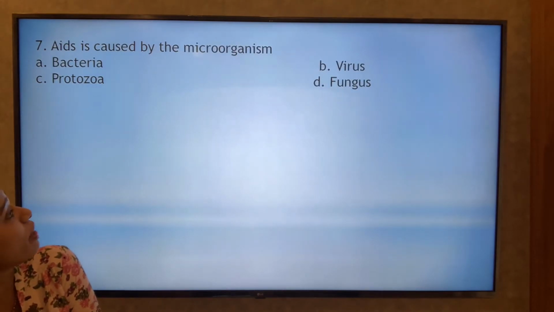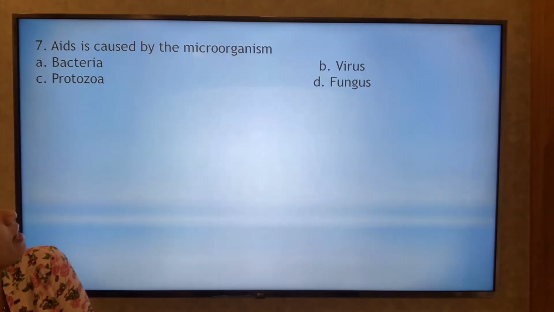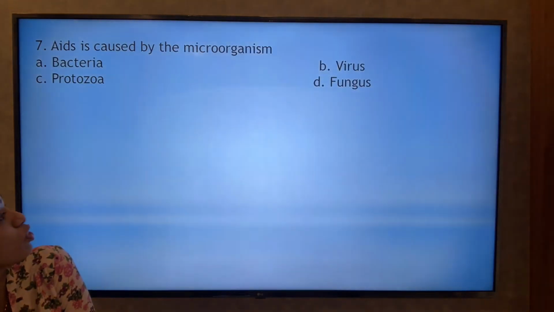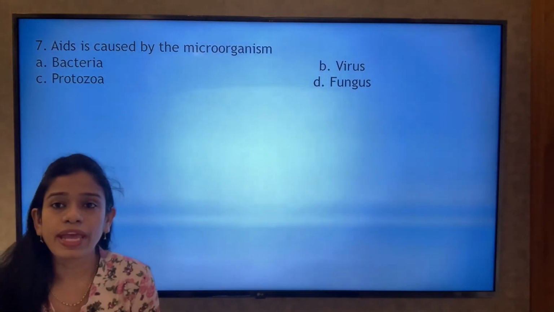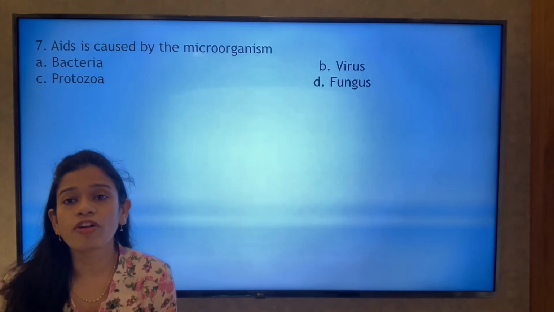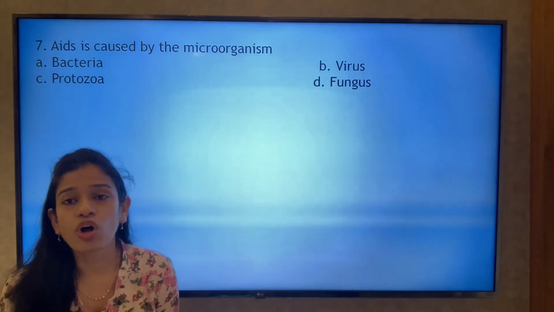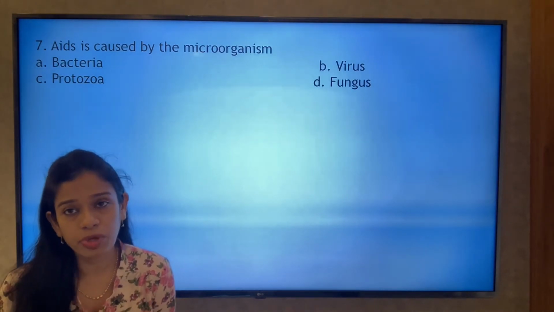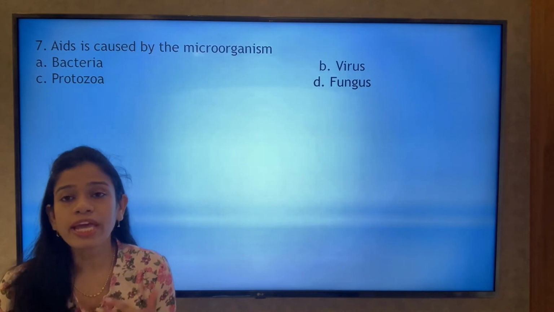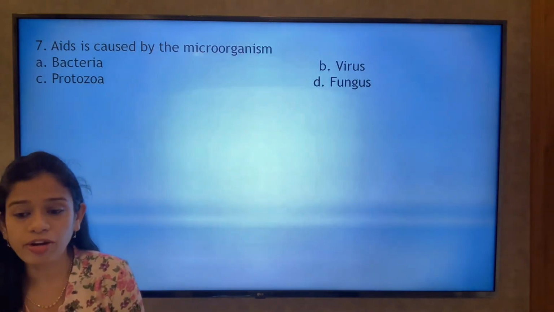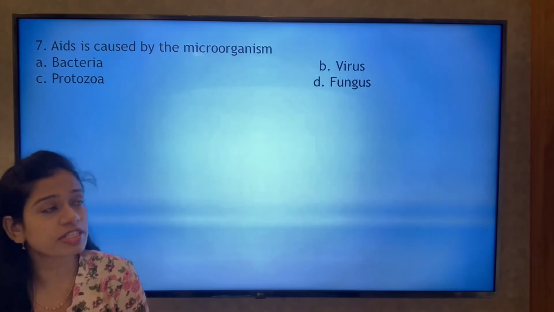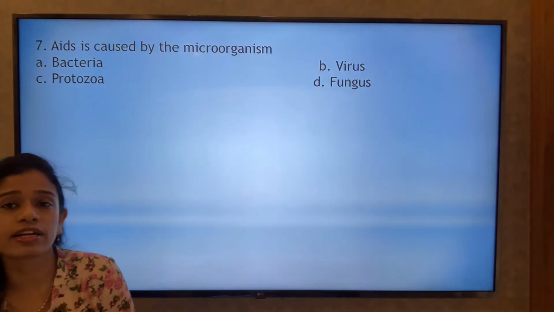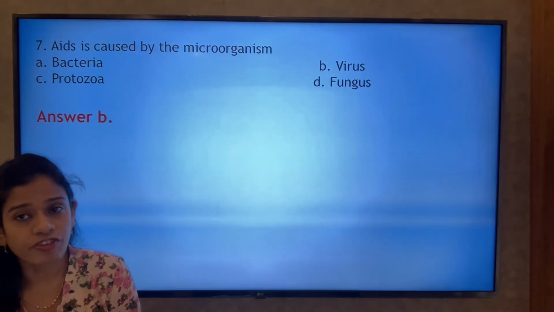AIDS is caused by the microorganism, bacteria, virus, protozoa or the fungus. So AIDS is a terrible or very fierce disease. It is also known as the acquired immunodeficiency syndrome. The correct answer is B, virus.